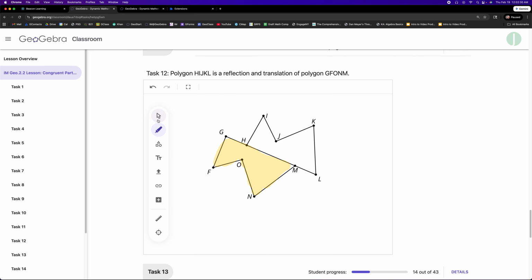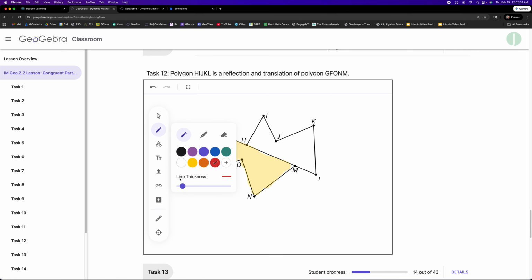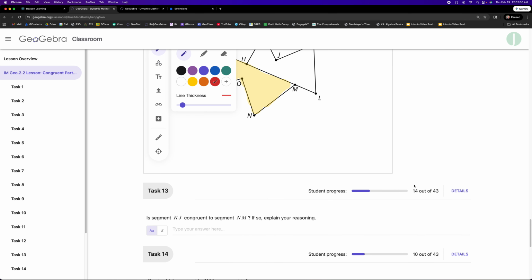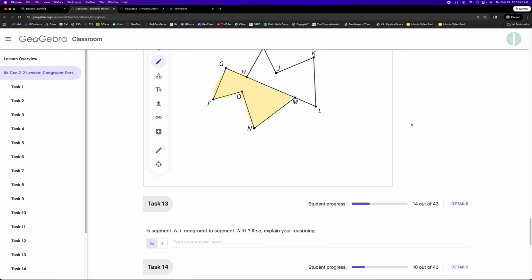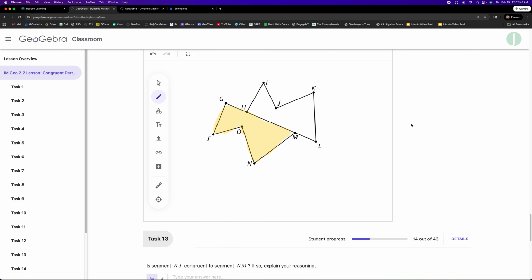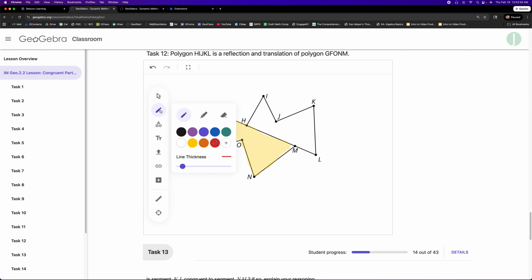Okay, so now let's see what we end up with here. We are looking at this. It says, is segment KJ congruent to segment NM? Where's KJ? All right, so KJ is right here.